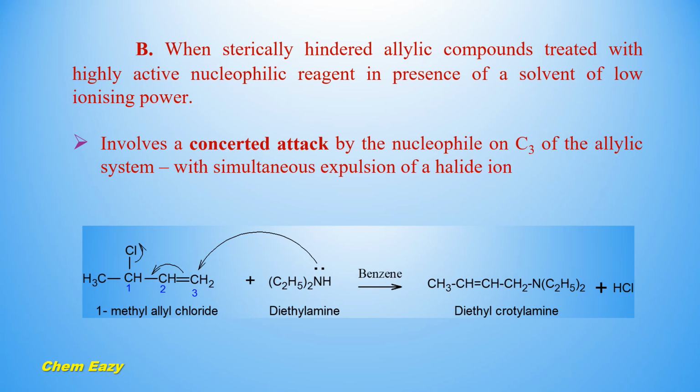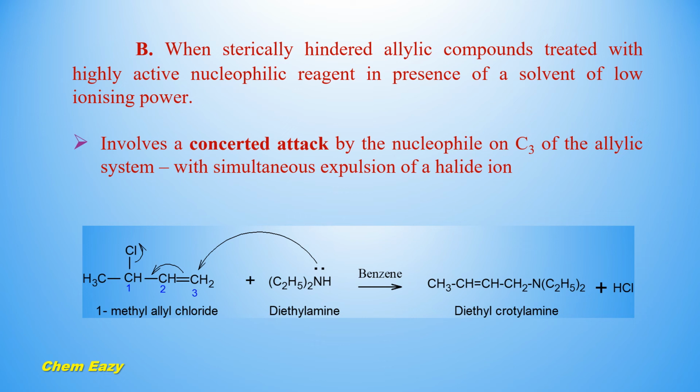In another case, when sterically hindered allylic compounds are treated with a highly active nucleophilic reagent in the presence of a solvent of low ionizing power, this involves a concerted attack, that is a single step mechanism, by the nucleophile on carbon 3 of the allylic system with simultaneous expulsion of a halide ion.